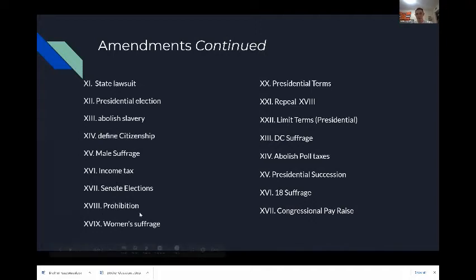Then you had the 18th Amendment, which was focused on the prohibition of alcohol. This came during 1919, I believe, under the Woodrow Wilson presidency. A lot of the amendments passed in this time were kind of the idea of we're going to be progressive, we're going to be clean cut, well-rounded people.